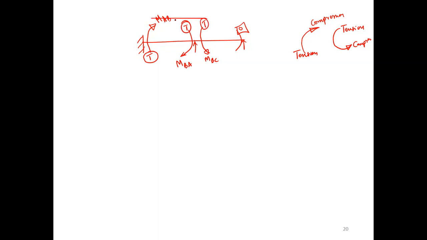Always plot the BMD of the final moment, not the free BMD, on the tension side, whether in a frame or a beam, both are the same thing.